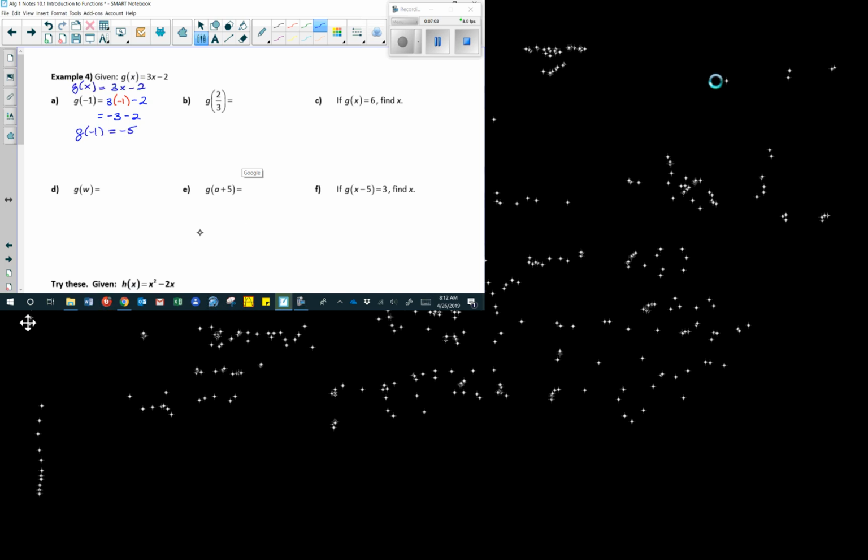So g of negative 1 is negative 5. To find g of 2/3, that would be 3 times 2/3 minus 2, or 2 minus 2, or g of 2/3 is equal to 0.